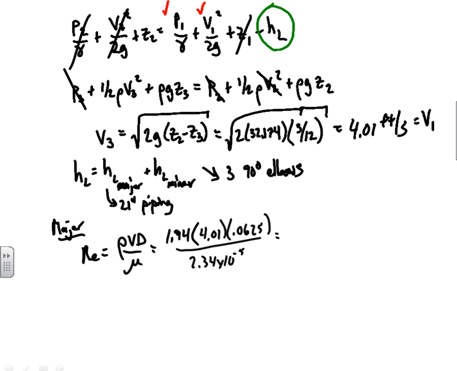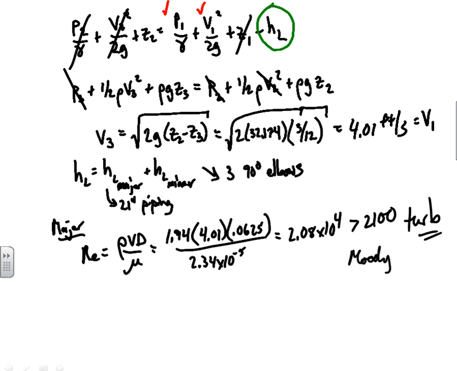That gives me a Reynolds number of 2.08 times 10 to the 4. This number is greater than 2100, the critical Reynolds number of flow in a pipe. Therefore, this flow is turbulent. Got to go to the Moody chart, which will give you the friction factor for turbulent flow.